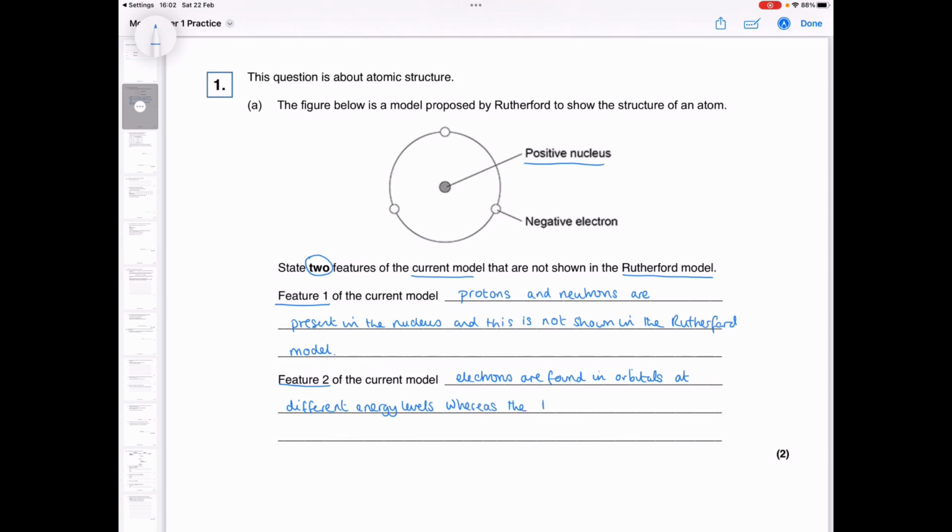Whereas the Rutherford model does not show orbitals or energy levels.